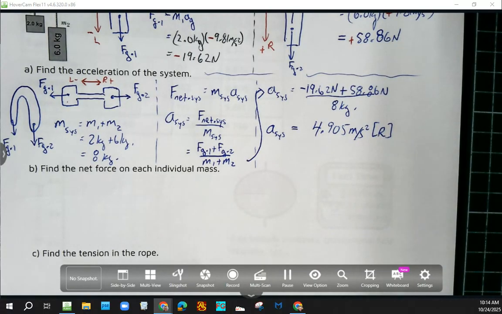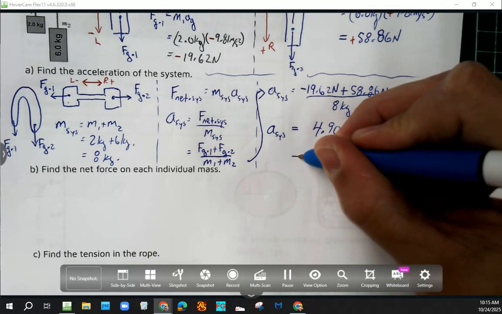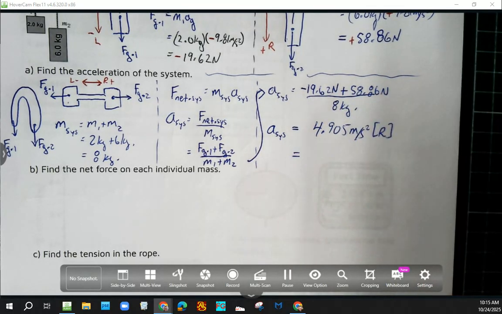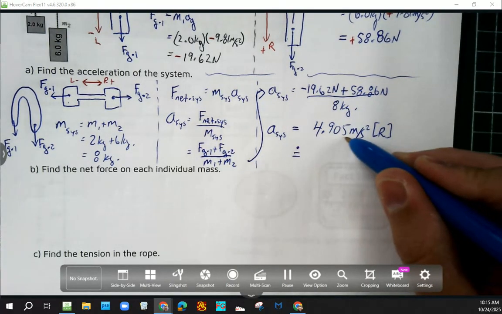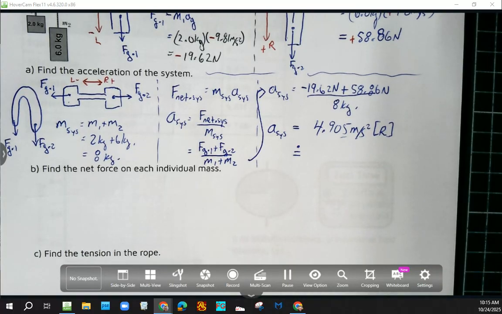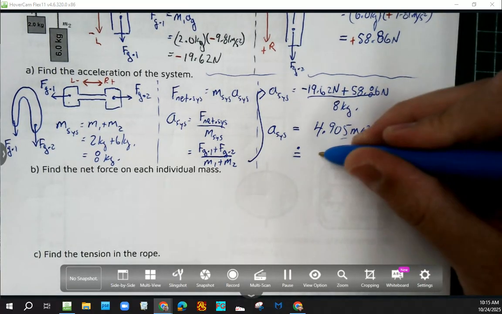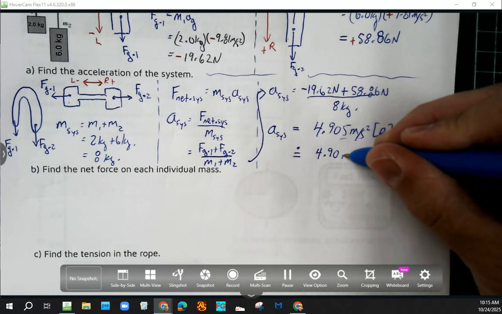Now it does look like we have to round this off to 3 significant figures. This is one of those annoying things where it ends in a 5 and the 5 is the only thing I'm trying to eliminate. It's that rare situation where this rounding rule happens. And so we have to round it off to 4.90. Round even.